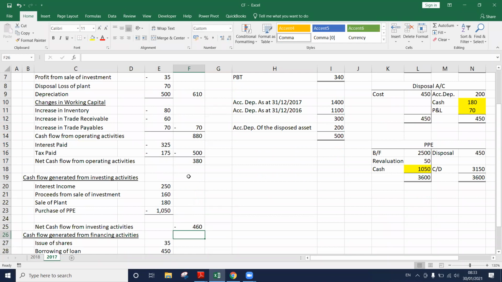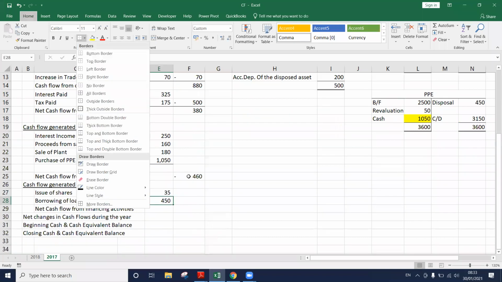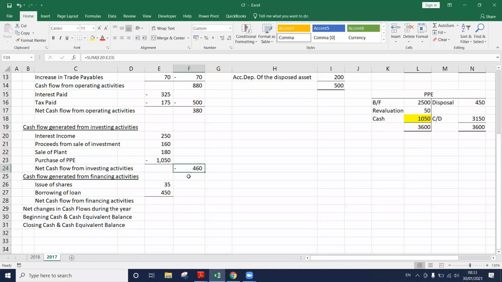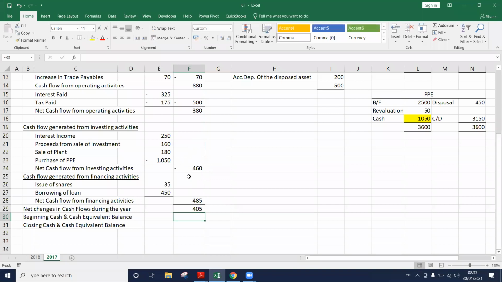Net cash flows from investing activities, we have a negative cash flow worth of 460. Net cash flow from financing activities 485. So there is a net change. The net changes in cash flows during the year should be 405.